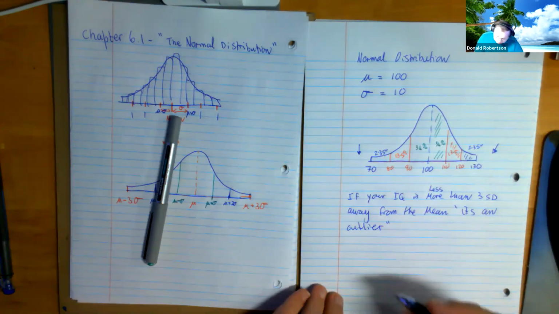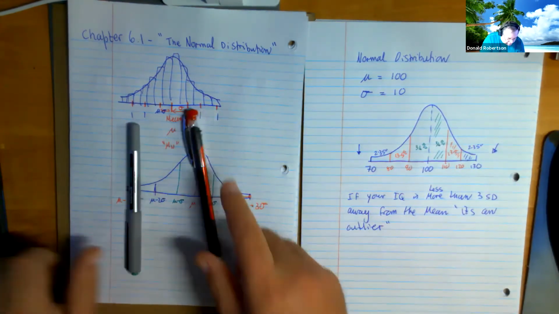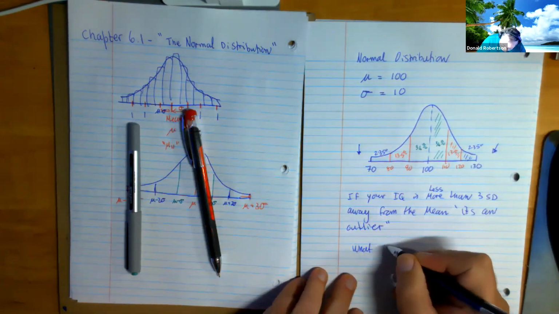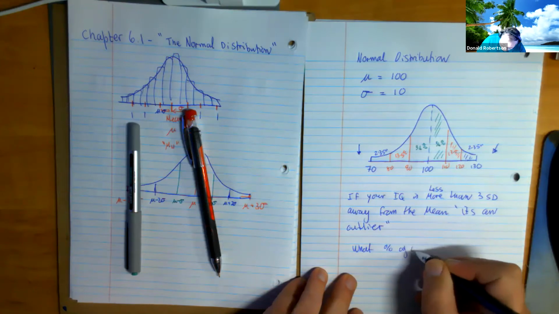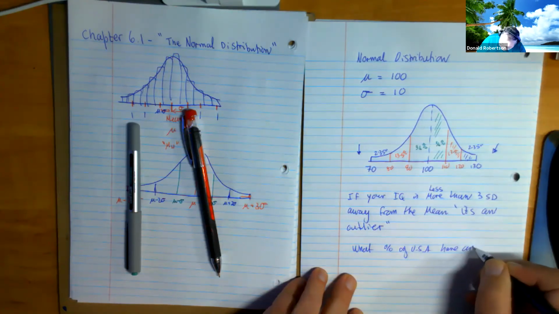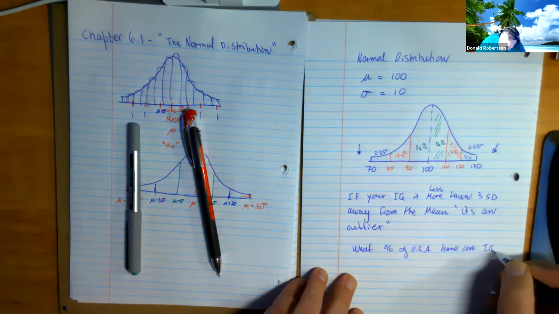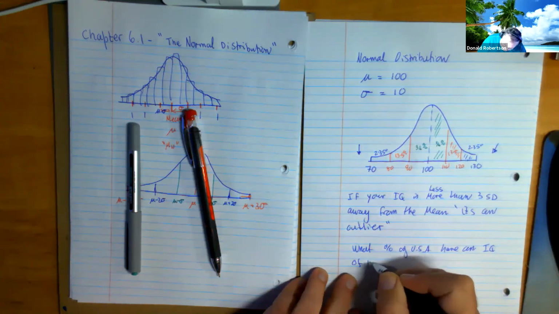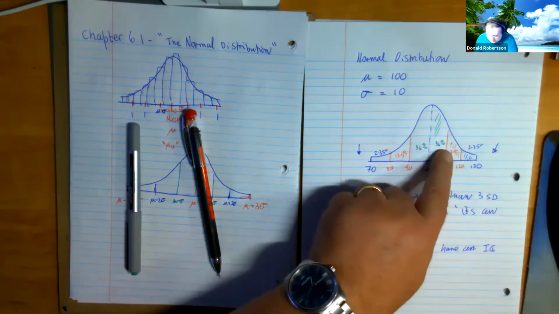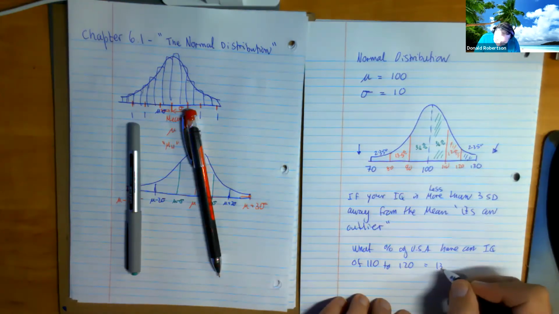So to give an example, if I went and said to you, what percentage of Americans have an IQ of 110 to 120? And the answer is 13.5%.